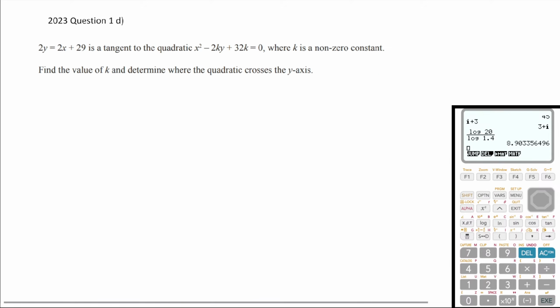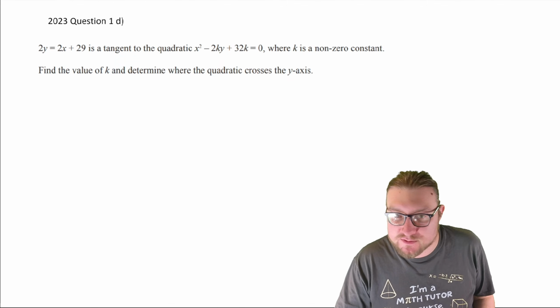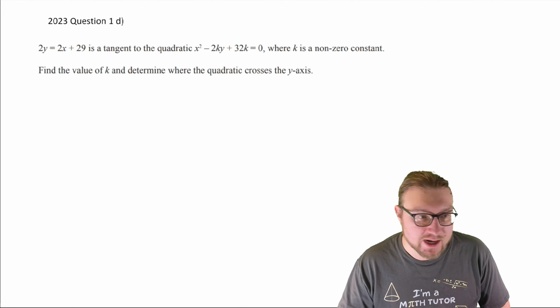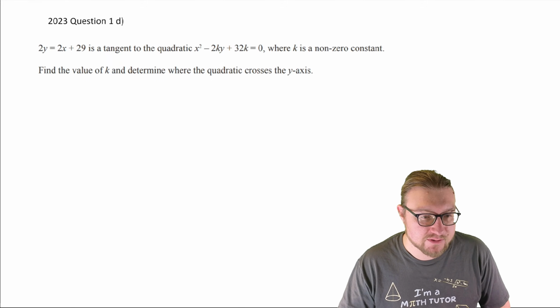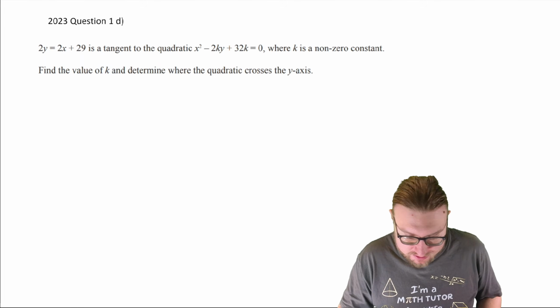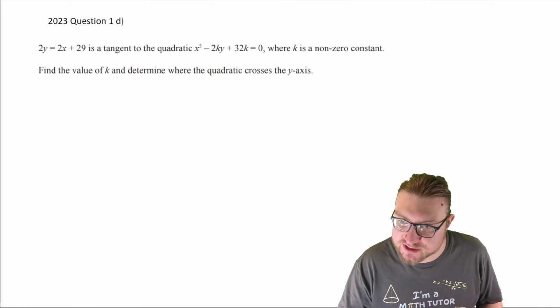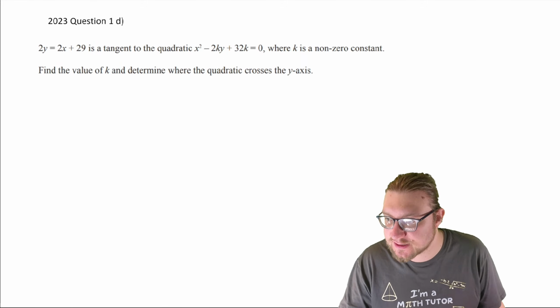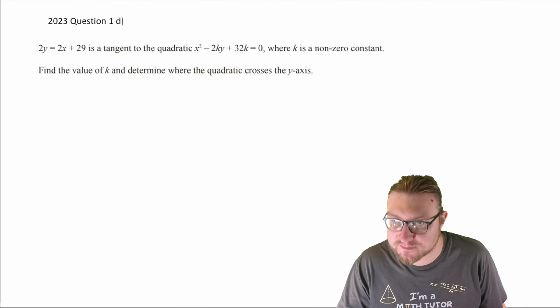I think this is one of the harder questions on the paper. Let me quickly check. I'm pretty sure this is the excellence question. In New Zealand, we have a system that gives us achieved, which is like the lowest mark, merit is advanced, and excellence is like the top marks, the top 10% of the class.